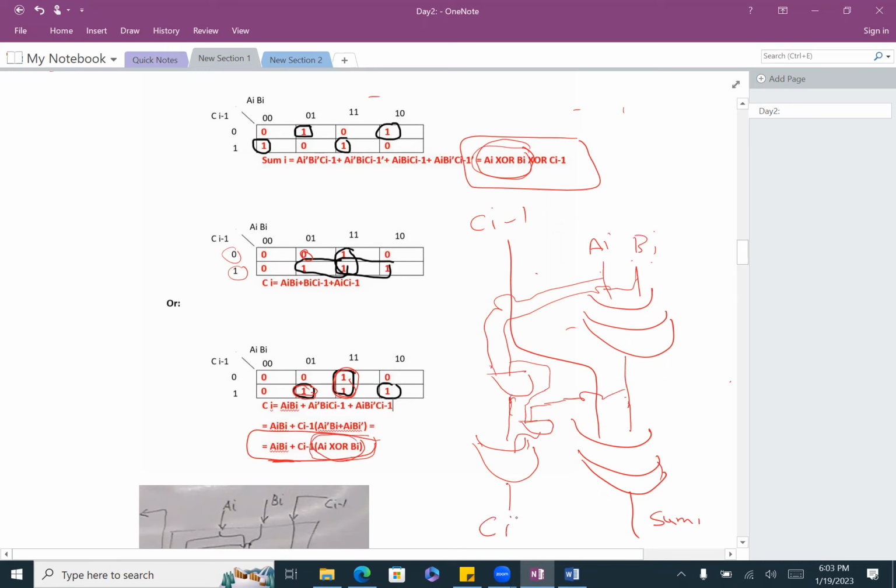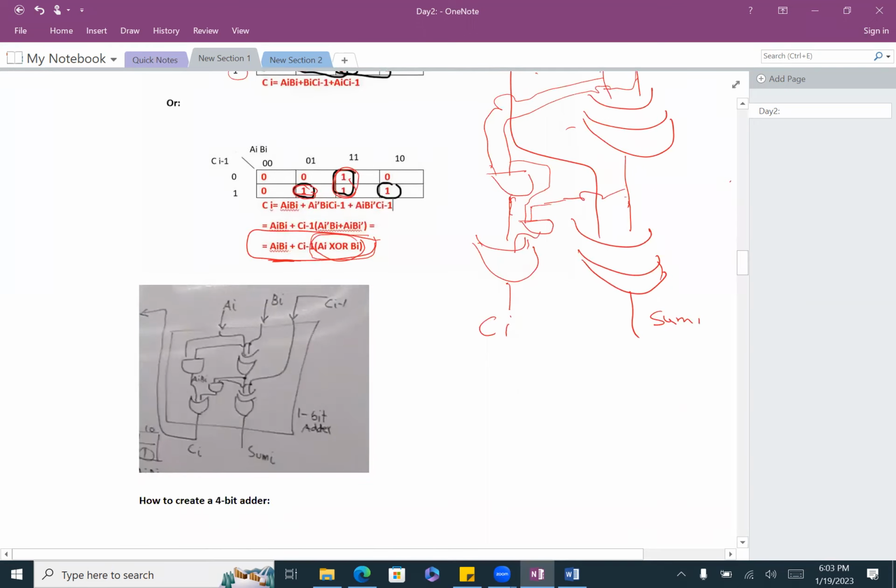All right? Clear? If you have a question, stop me, guys. We can repeat it. We have the whole day. So, how is the circuit going to look? First XOR, and then the second XOR, that's for the sum, that's the output here.